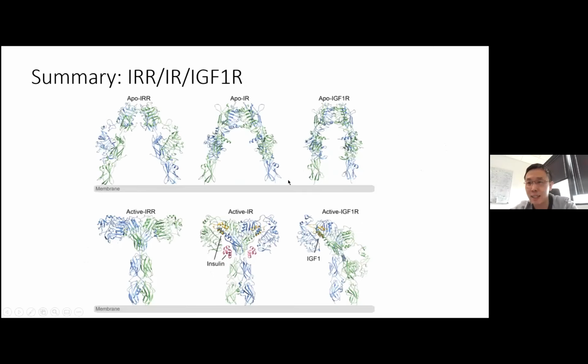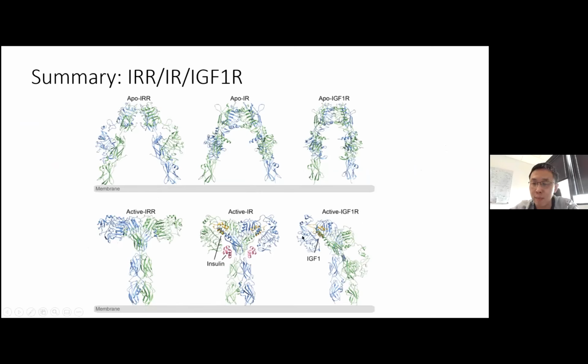Okay, this is my last slide, just a brief summary. Although the three receptors in this family are sequentially very similar and closely related, the activation mechanisms are completely different. For the insulin receptor, full activation requires insulin bound to both site 1 and site 2.